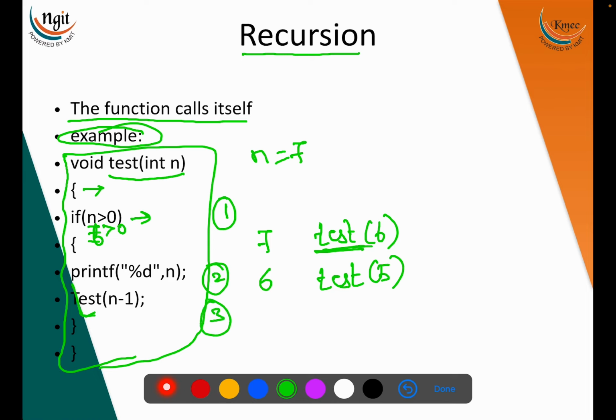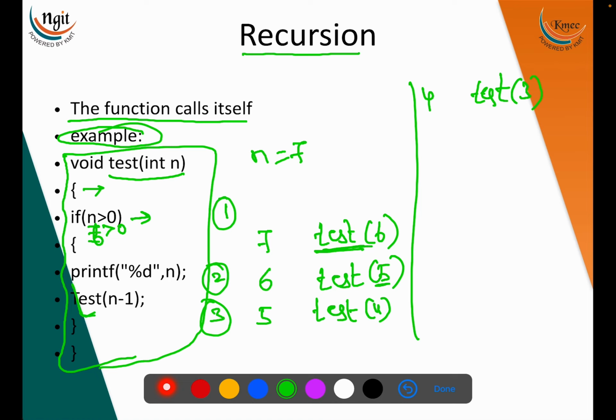This time test of 5, where n value is 5. Now 5 is printed, then test of 4. Again test 4 calls test 3, 3 calls test 2, and 2 calls test 1.